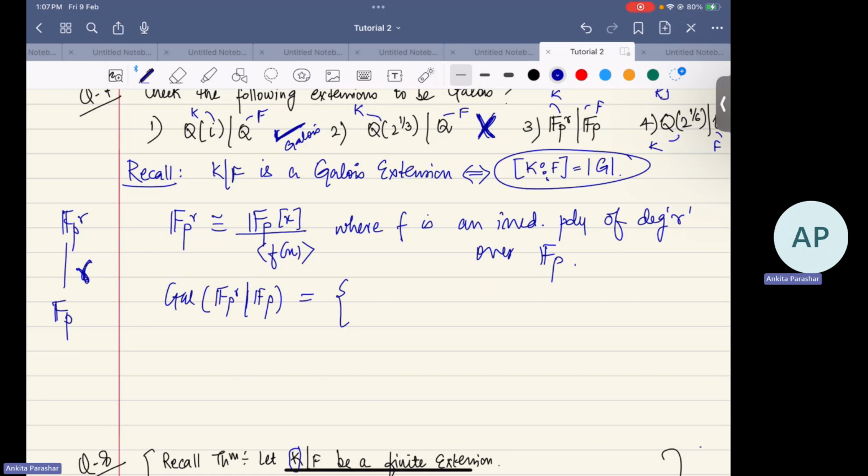That means all those field automorphisms from F_{p^r} to F_{p^r} such that sigma(a) = a for all a in the field F_p. Right?